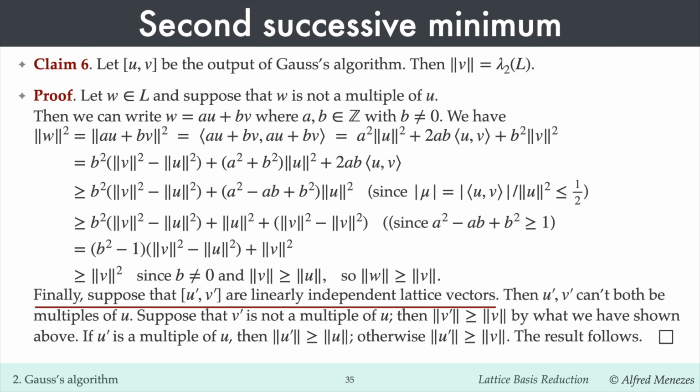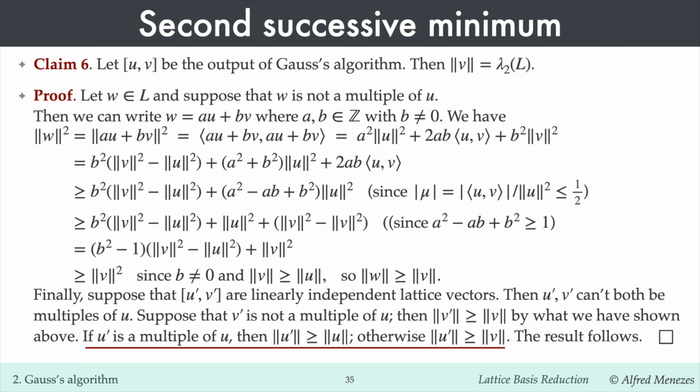Finally, consider any two linearly independent lattice vectors u prime and v prime. Since u prime and v prime are linearly independent, they can't both be multiples of u. Without loss of generality, suppose that v prime is not a multiple of u. Then v prime has length at least as large as v, by the argument above.